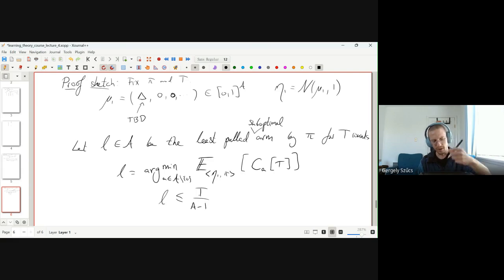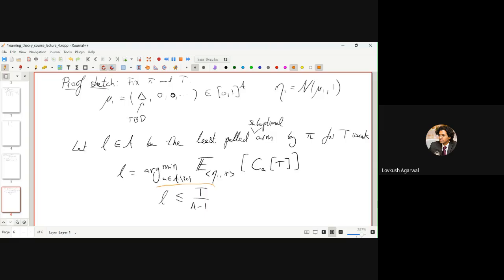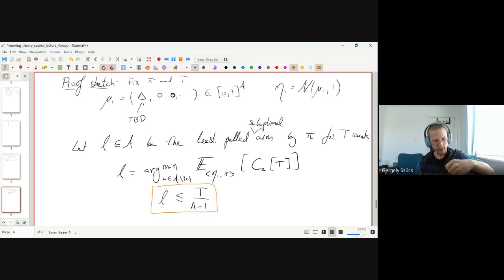So the least pulled one has to have a fraction of times pulled of at most 1 over A minus 1. Should that be CL or is that L? Well, this is the argmin over A of C A. Sorry, I do mean CL, yeah.